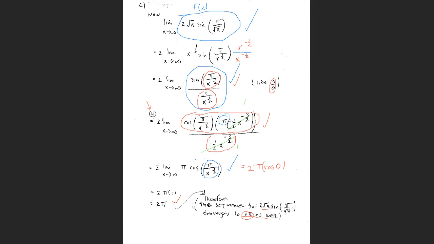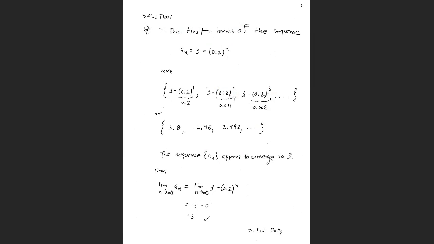Let's look at the last one. Now that is an interesting sequence: negative 3 to the nth power divided by n factorial. I'm going to show you.